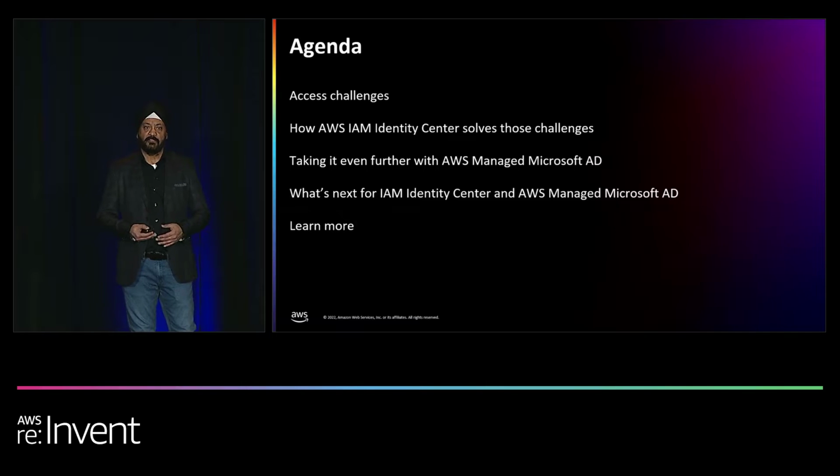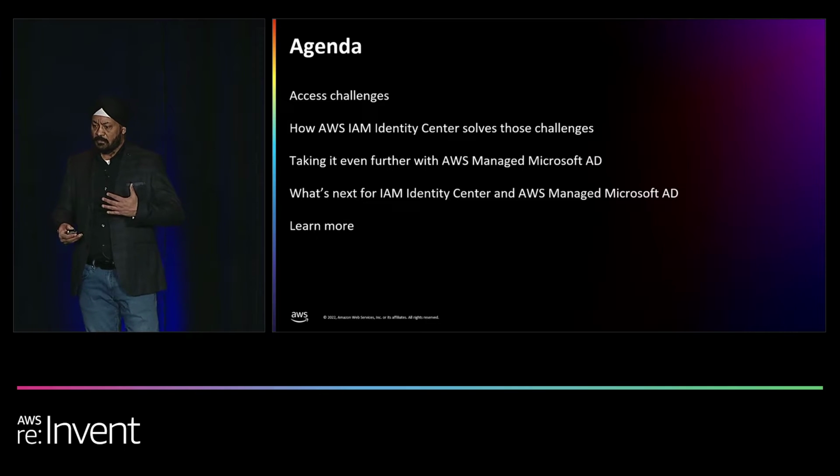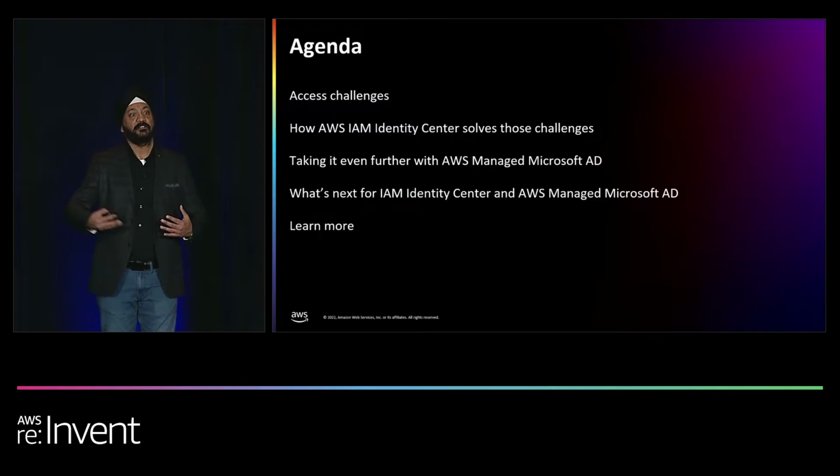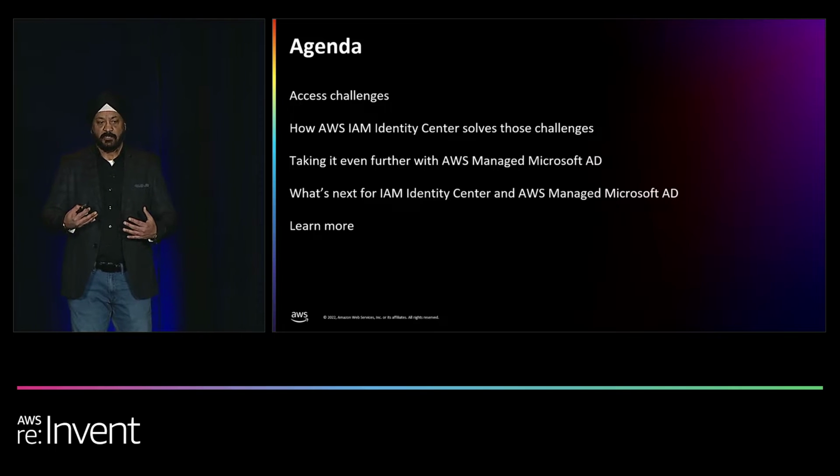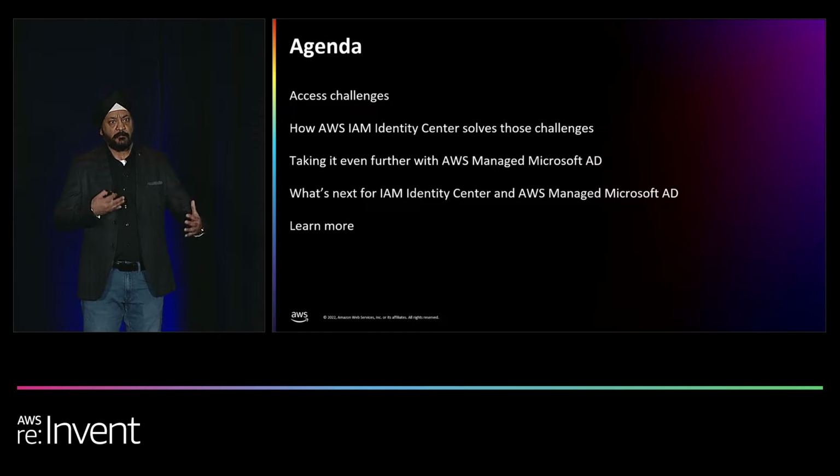But we're going to start with, at a broader level, what are the challenges being faced by our customers across the different verticals and in different sectors. We'll make it a very use case-centric approach on how we have seen, what we have heard, how customers are using IAM Identity Center, what we want them to use it for, and then we'll make it a very persona-based, use case-based approach, and that's how we'll conduct it.